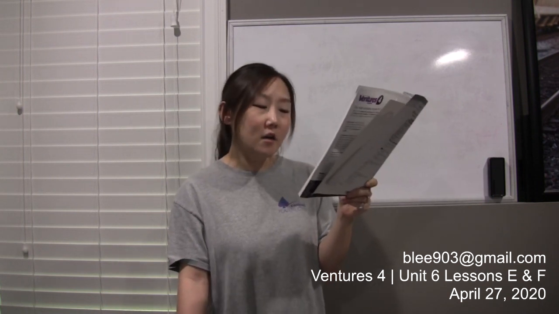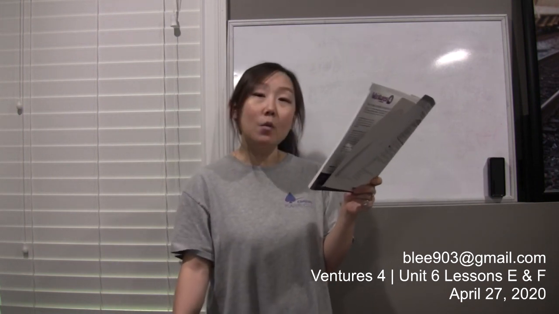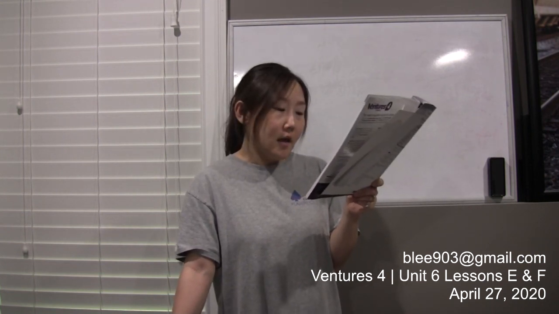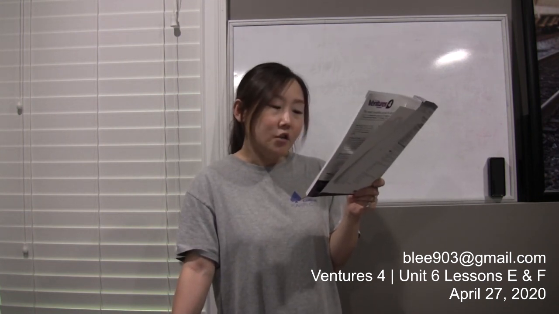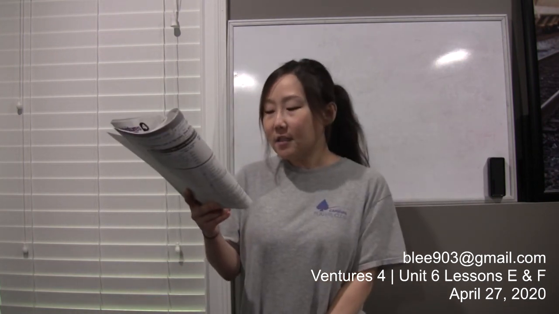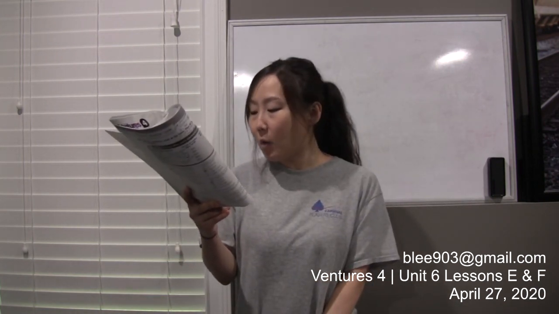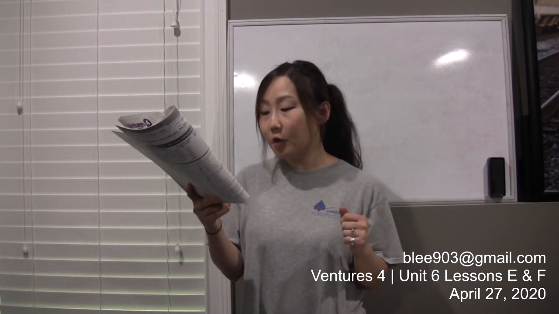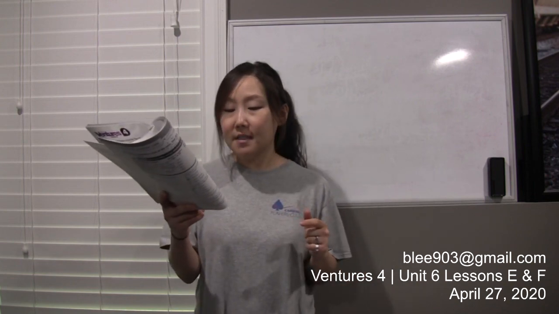Number 4. Many new TVs are so expensive that most people can't afford to buy them. And number 5, that's such a difficult computer program that no one in the office can understand it.